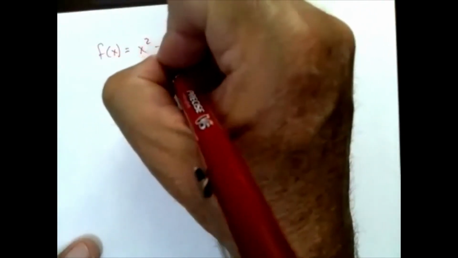Okay. Let's take a look at a quick graph, and I'm going to say f of x equals x squared minus 5x plus 6. All right.